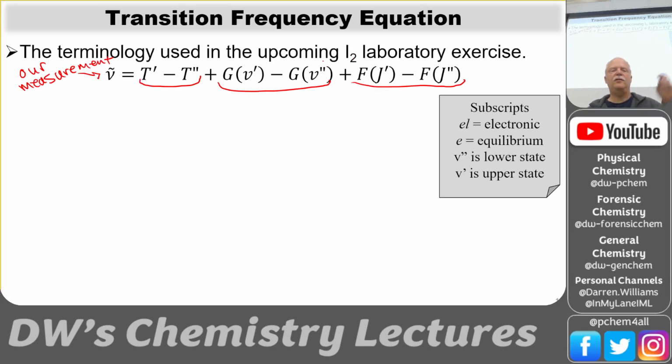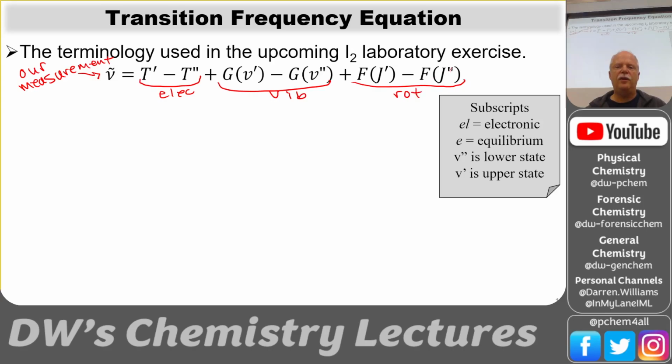Now, I didn't want to use E for all of these, and in fact, the textbook handout is using this terminology. So they're using T for the electronic, G for the vibrational, and F for the rotational.